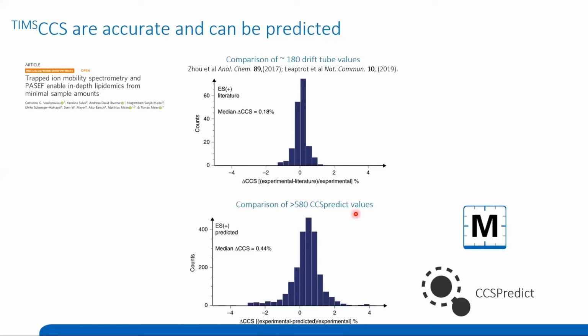And this particular CCS prediction model has been incorporated within our processing pipeline, so within our software Metaboscape. So you're able to use this as part of your standard workflow. And I'm going to show some examples on this later on in the presentation where we've used this to confirm the identification of a biologically relevant lipid.